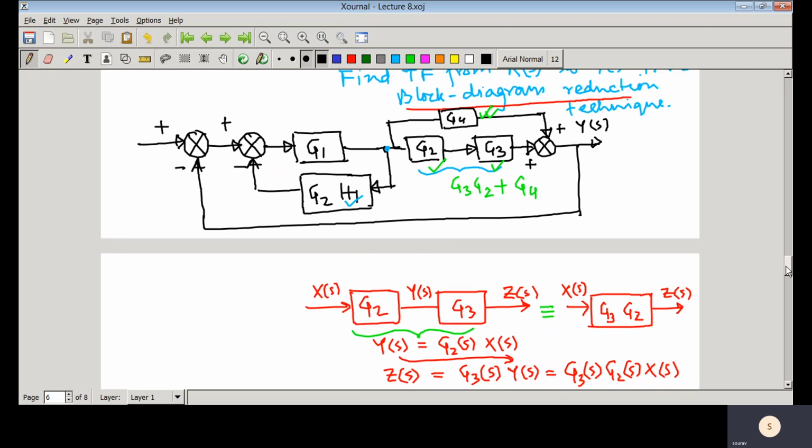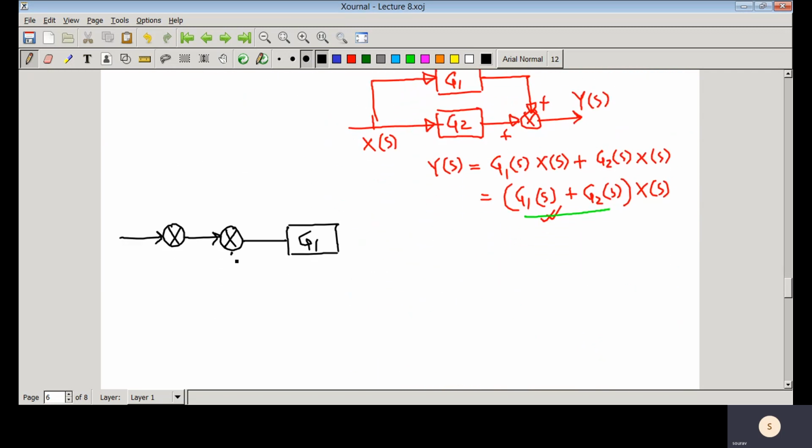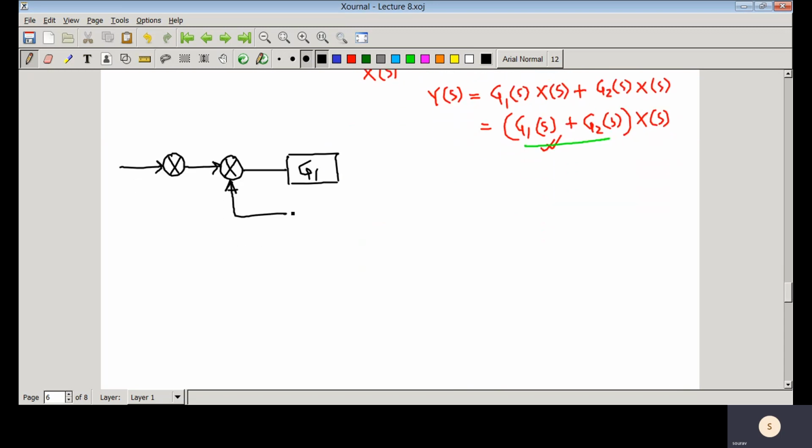This part I keep as it is, this particular part G1, and in the feedback you have G2 into H1, and this is the tapping point. Here you have the tapping point.